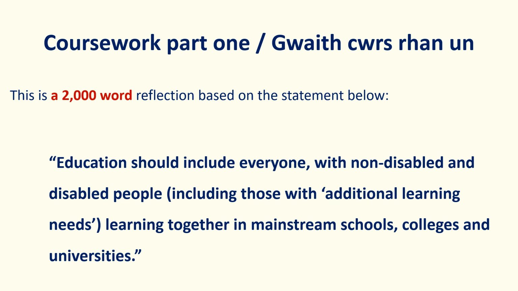You will be asked to reflect upon that statement, in other words, unpicking what we mean by inclusion and where and how all learners should be taught. You'll be able to make links to your own previous experiences and also make links to literature that we discuss as we go through the programme.